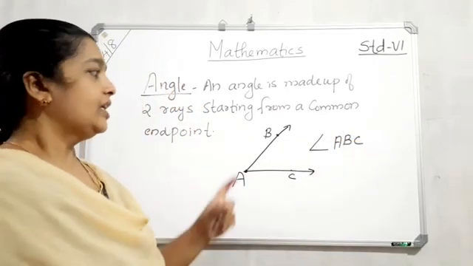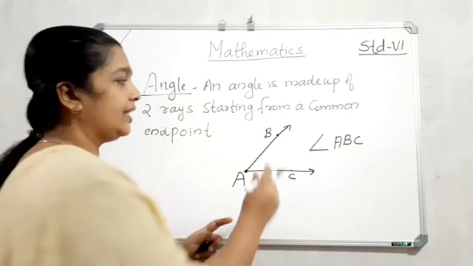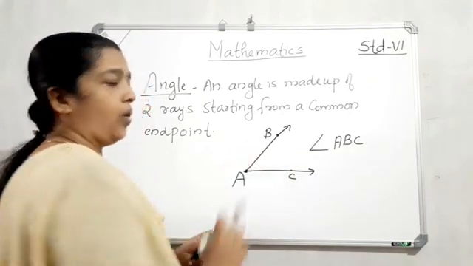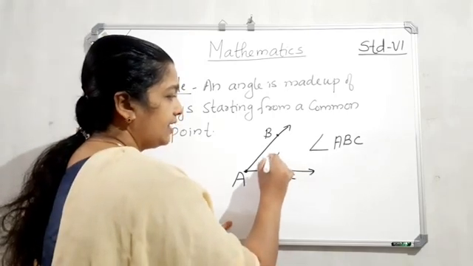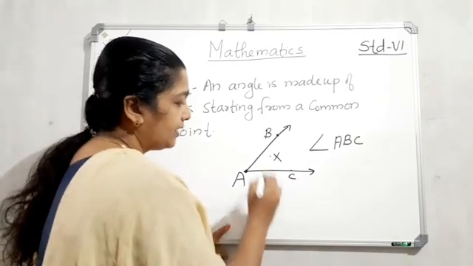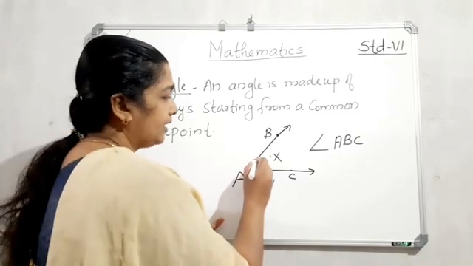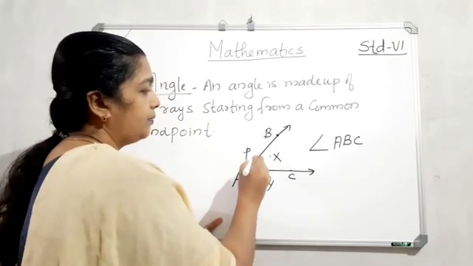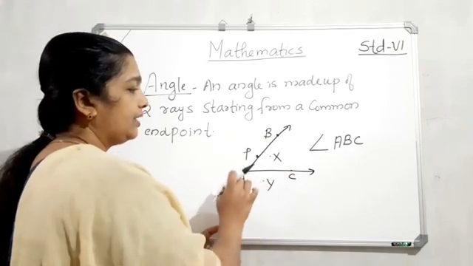Understand? Yes. So an angle also has three portions: interior, exterior and on. Clear? So here I put X in the interior, and here Y in the exterior. Then another point here, P. Then P is on the angle BAC.